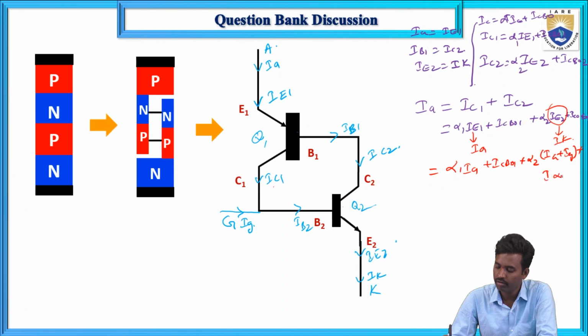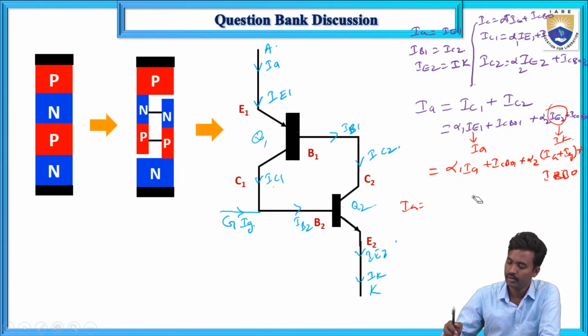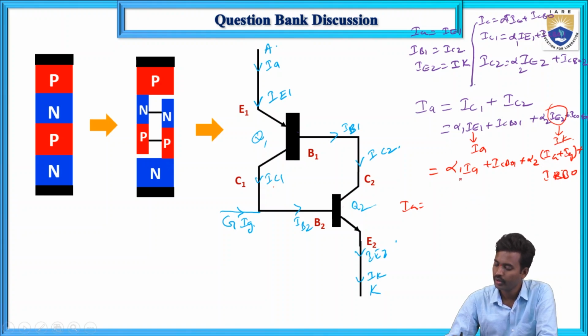That gives IA equals alpha 1 plus alpha 2 times IA, plus alpha 2 IG, plus ICBO1, ICBO2.